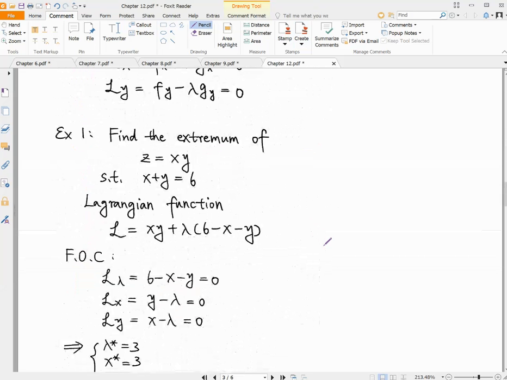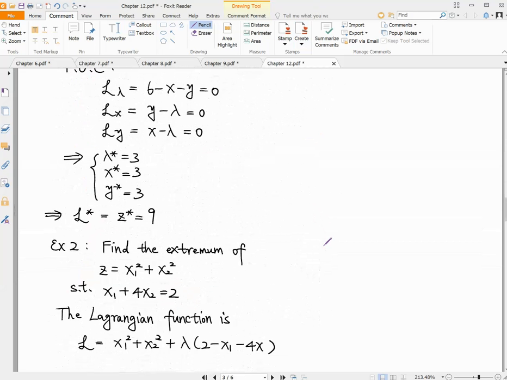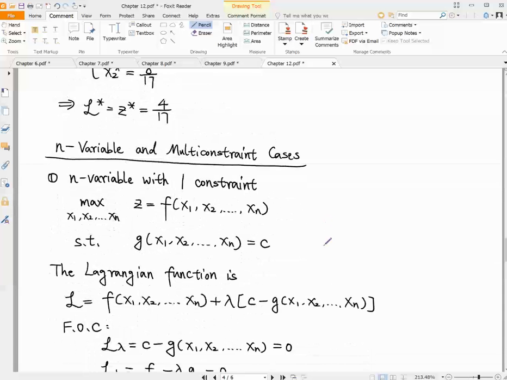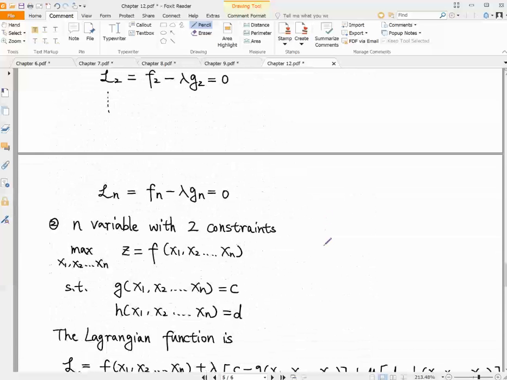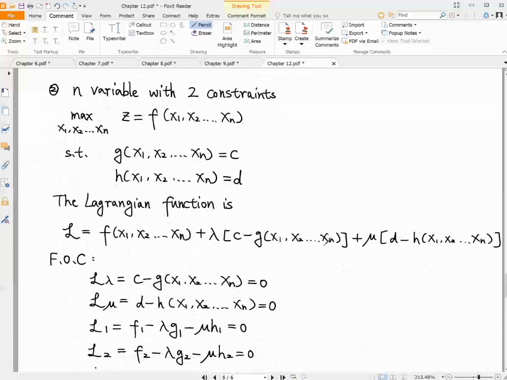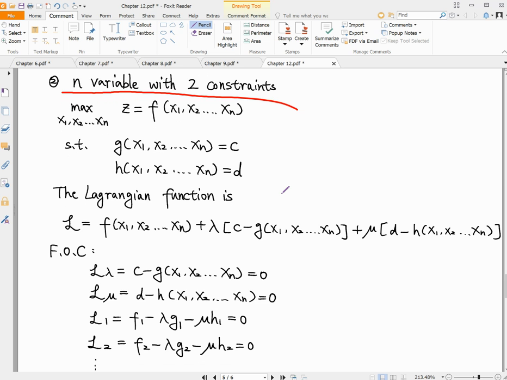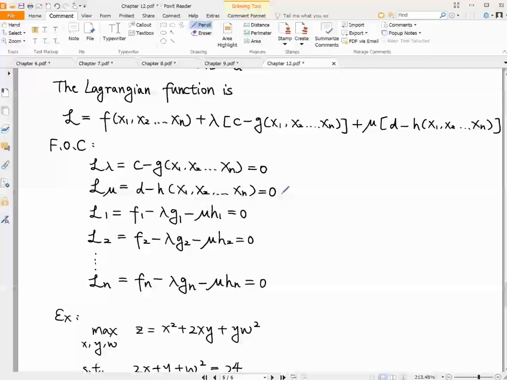And then, here are some examples, right? For the very complicated cases like here, you have a lot of variables with a lot of constraints. In these cases, I will not ask you to solve the Lagrangian function because it takes too much time, right? But I may ask you to write down the Lagrangian function and the first order conditions, and that's it.